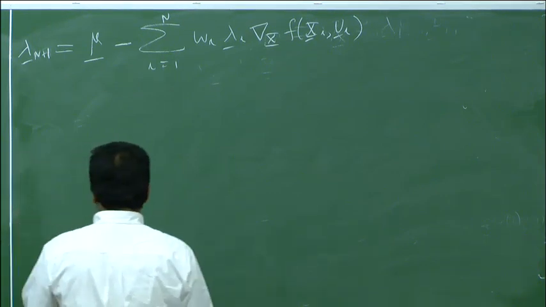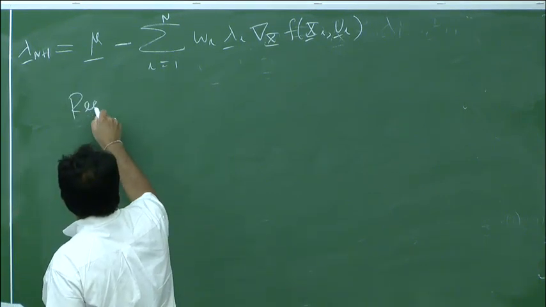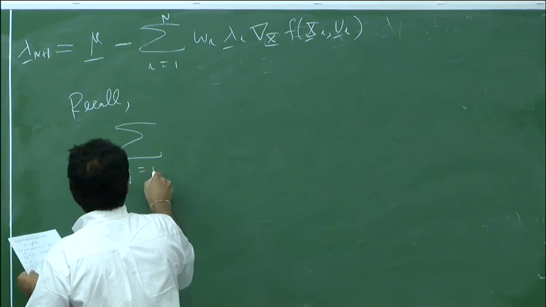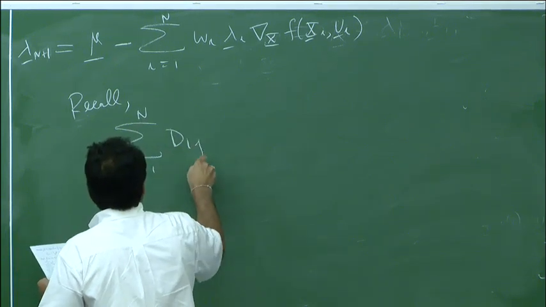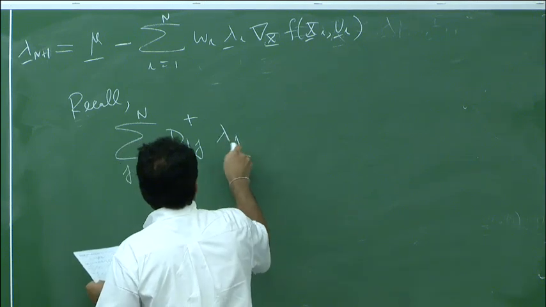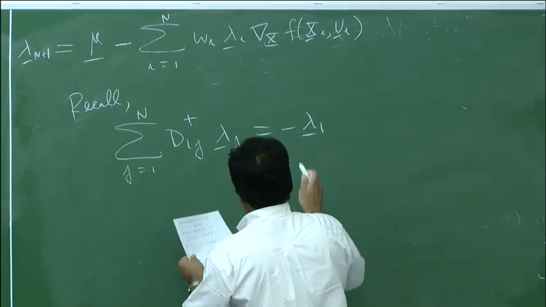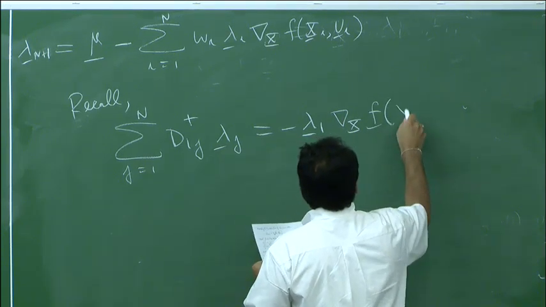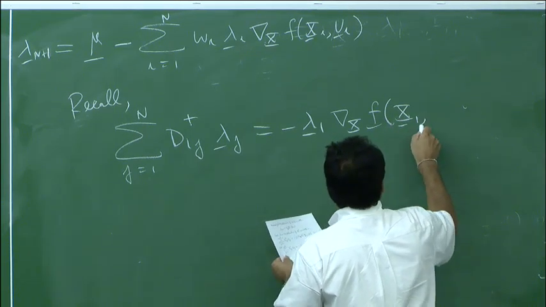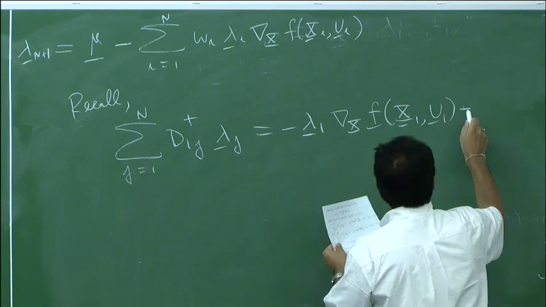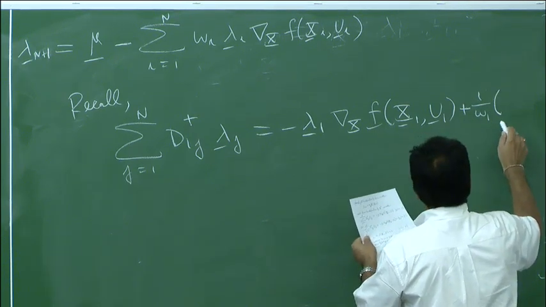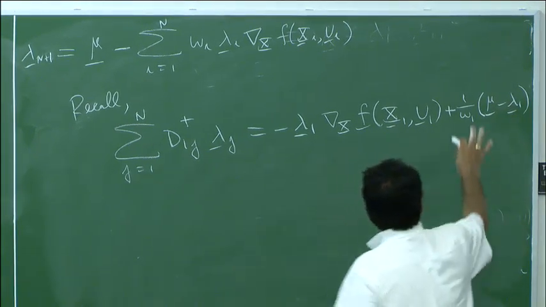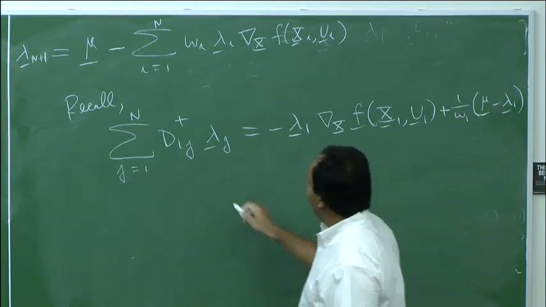Now, look at this result, that the sum from j equals 1 to n of D_{1j} dagger times lambda_j equals minus lambda_1 times the gradient with respect to x of f(x_1, u_1) minus or plus 1 over w_1 times mu minus lambda_1. Now, if this term didn't exist over here, this would look a lot like this over here.